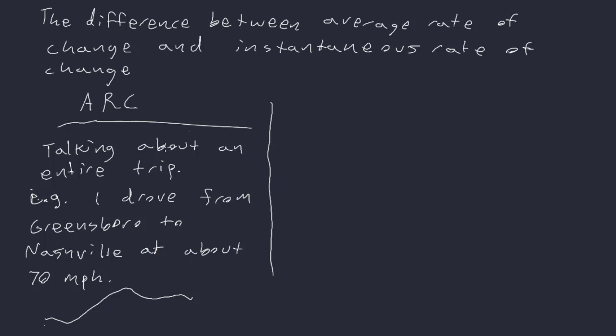That's what the average rate of change is. It's basically talking about your entire trip. Over the 8 hours, I drove at about 70 miles per hour. The instantaneous rate of change is what speed you are driving at the very second that you look at your speedometer.